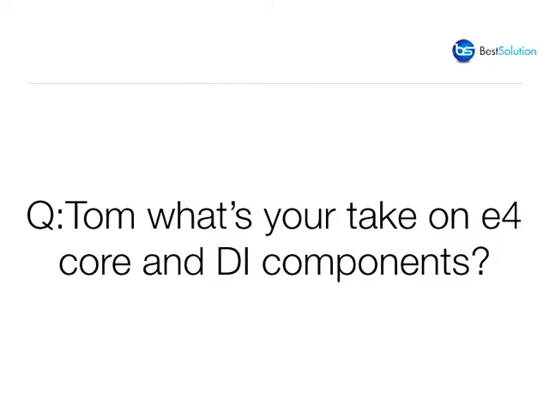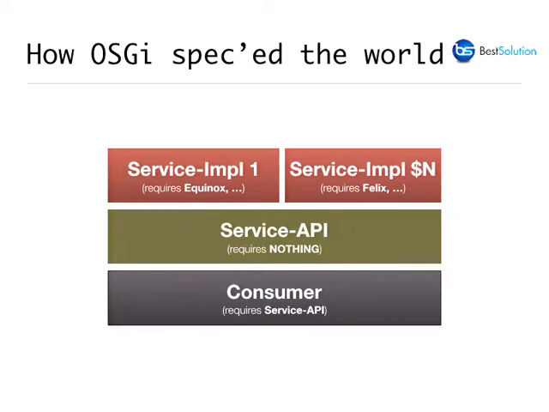OK, next question I could ask myself. So, Tom, what's your take on the Eclipse 4 core layer and the dependency injection components? When you look at how OSGi specs the world, you have a service API. It's a separate bundle with no dependencies.